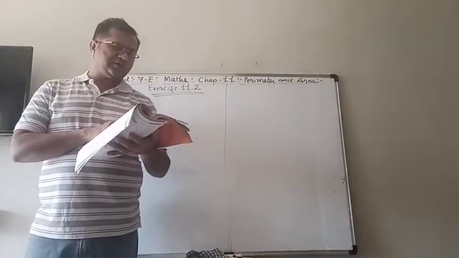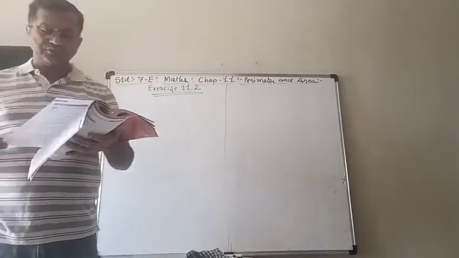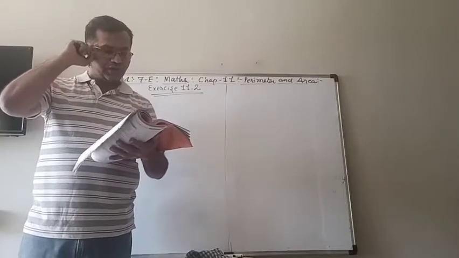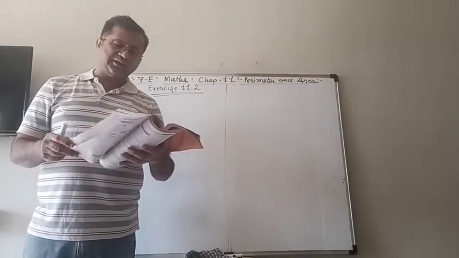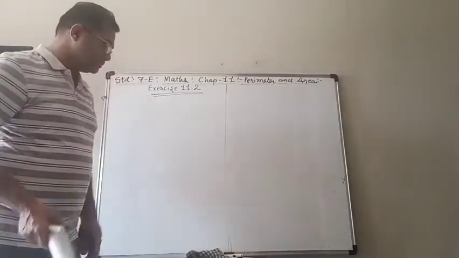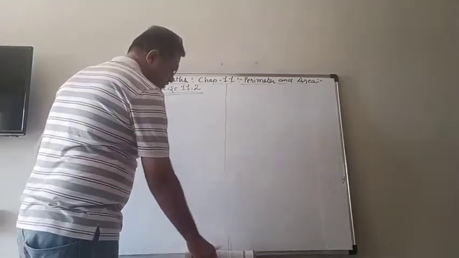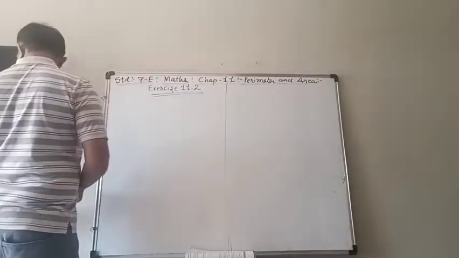We also find the formula to find the area of a parallelogram and the area of a triangle. We saw some examples also based on it. So let us start exercise 11.2.